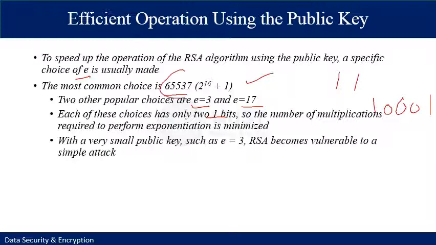And a similar case is in this example. Suppose you use e equal to 3, this is a very small public key and RSA becomes very vulnerable to simple attacks. Suppose we have three different RSA users who all use the value e equal to 3, but have unique values of n, namely n1, n2 and n3.